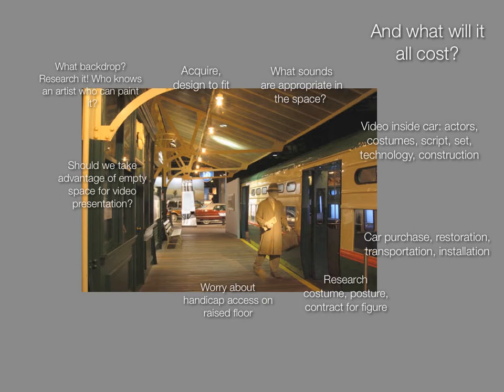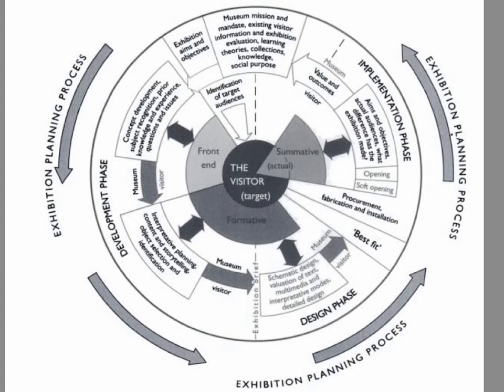Just to give you a sense, this is from the Manual of Museum Management, of Exhibit Management, which gives you a sense of the planning process. It goes around, starting here: development, design, implementation.